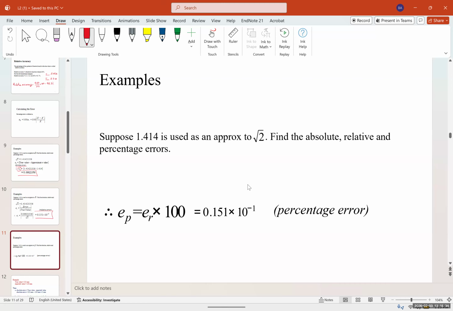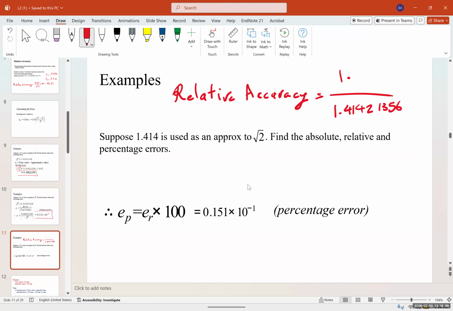What if we want to find, I want you to also find the relative accuracy. So the relative accuracy in the system. Again, the true value was 1.41421356, and the measured value was 1.414.